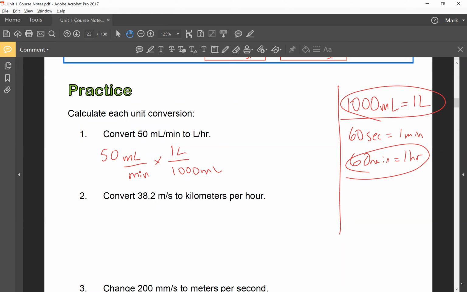Why am I writing it with liters on top and milliliters on bottom? Well, I want the milliliters to cancel. Putting something on the top and bottom means that the units will cancel. So as of now, I have liters. That's exactly what I want.